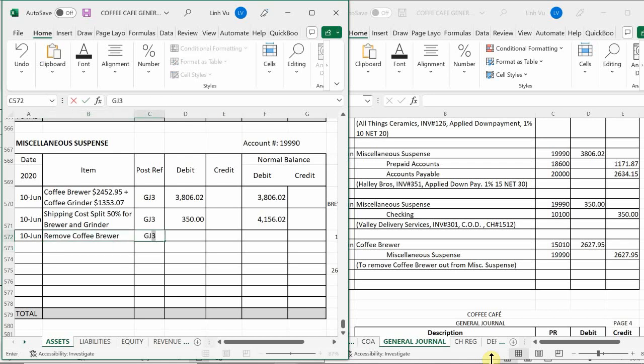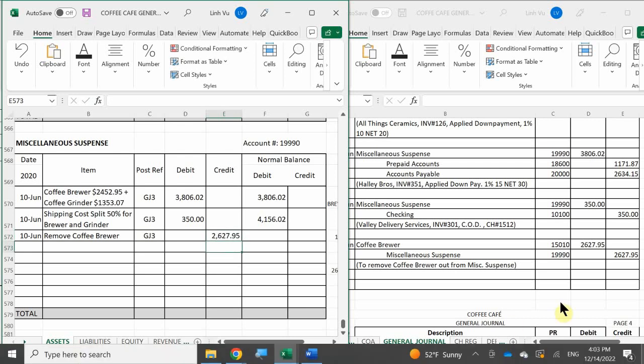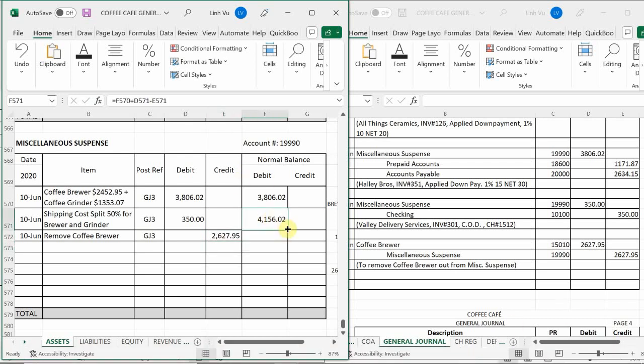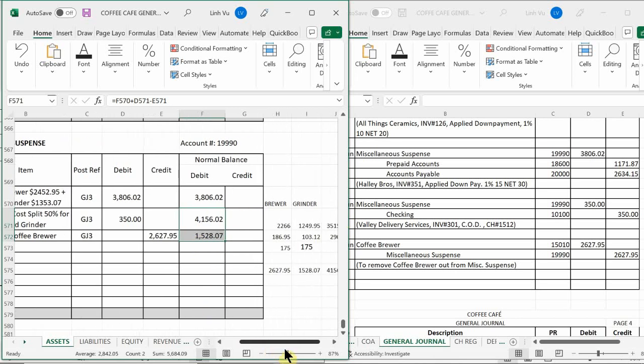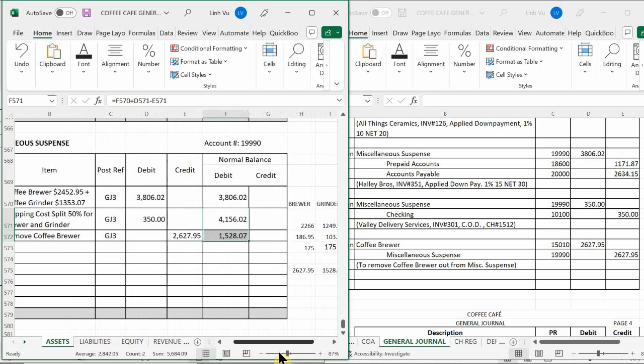We're still on page 3. And we're going to credit the miscellaneous expense by $2,627.95. So that will leave your coffee grinder at $1,528.07, which we've already established is the grand total of what my current coffee grinder is right now.